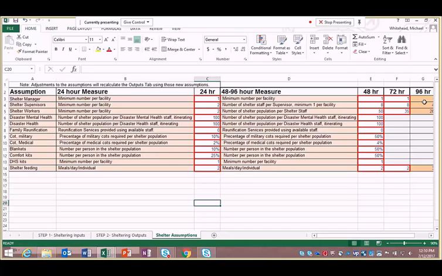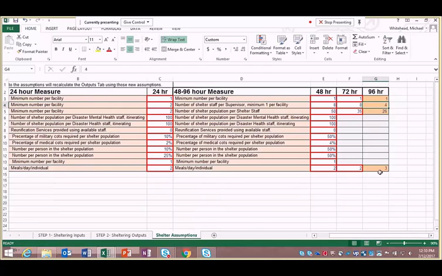By 96 hours, the numbers enable you to meet the minimum staffing standards. This recognizes the fact that when you open the shelter, all of the resources that are going to be required for minimum services and minimum staffing are not going to be available in the immediate periods.